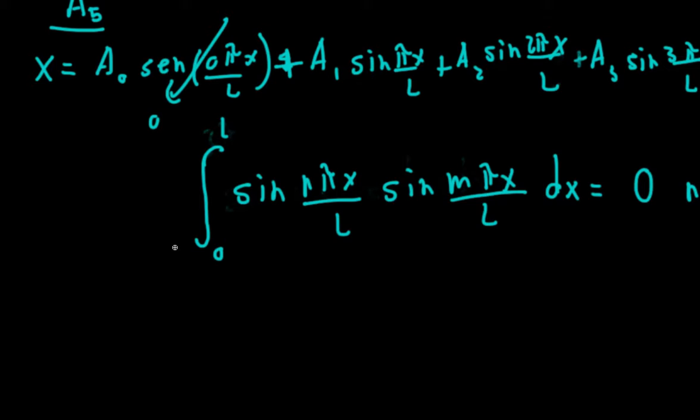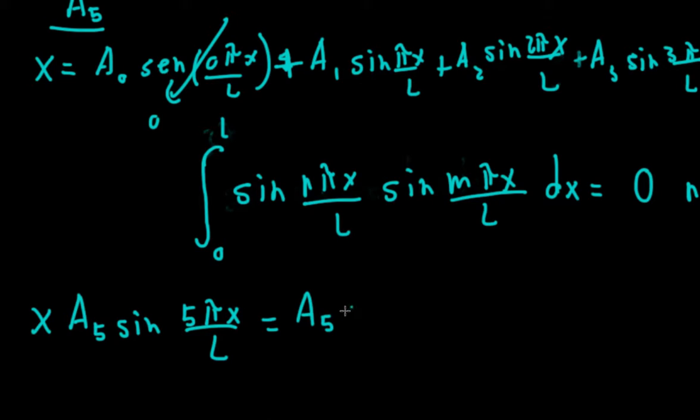But first I'm going to do this. So knowing this, how do I get a5? Well, I first would have to multiply both sides of the equation by this sine of 5 times pi times x over L. So I'm going to multiply both sides by this.